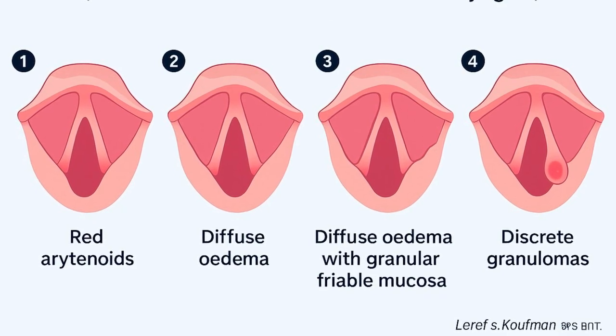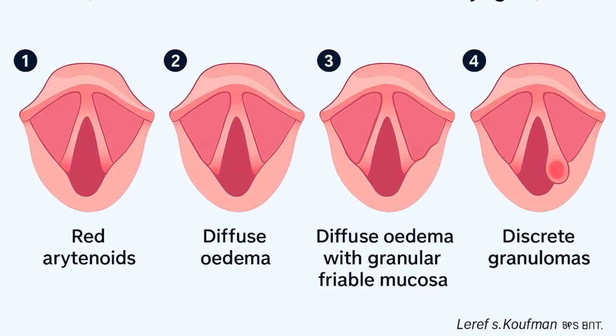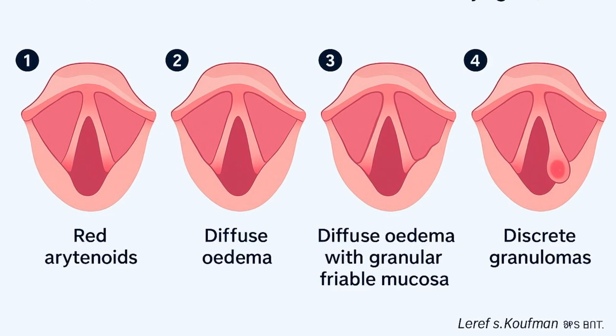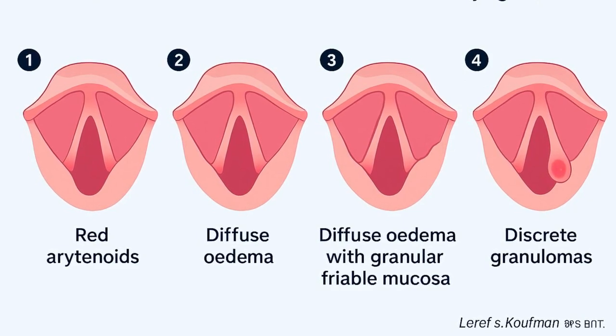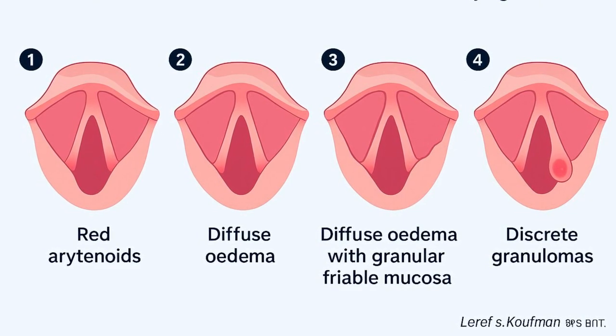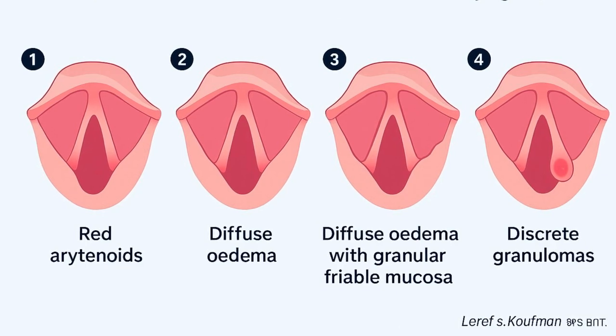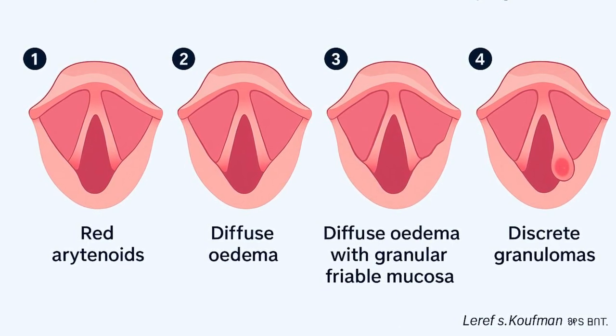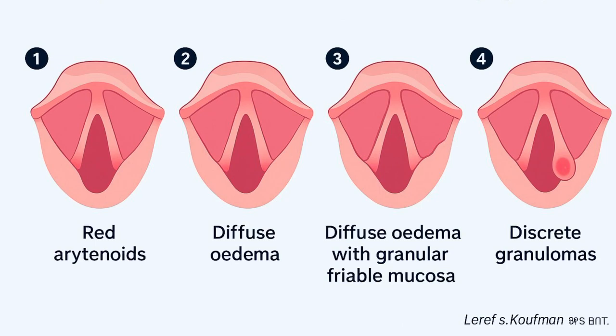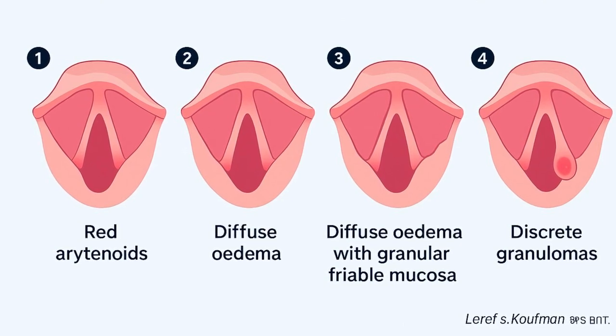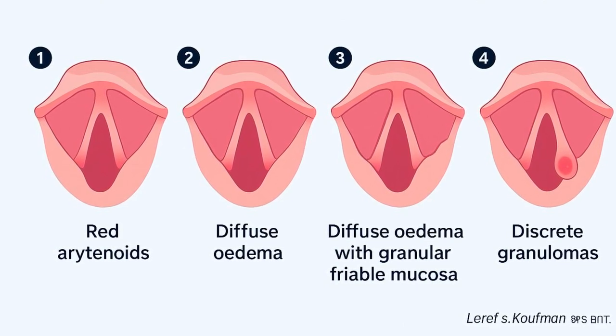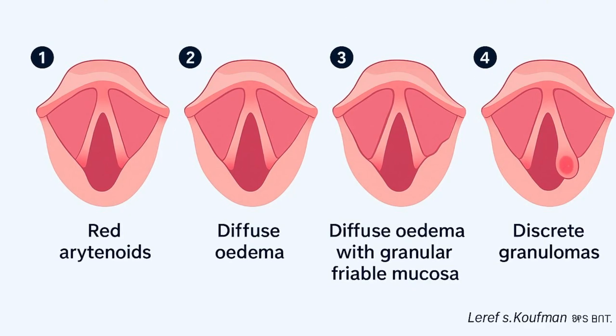Grade 2 is diffuse edema, including Reinke's space with mucosal thickening having minimal erythema. Grade 3 is diffuse edema with granular friable mucosa. It is more severe inflammatory changes with granulation formation. Grade 4 is discrete granuloma.